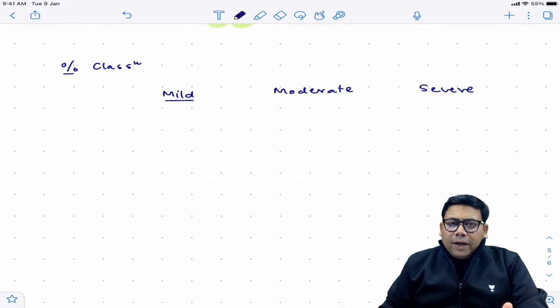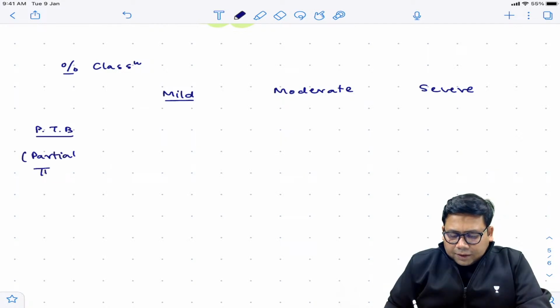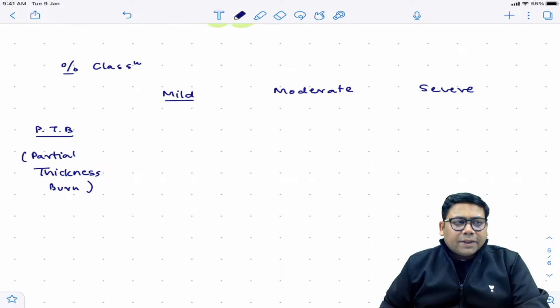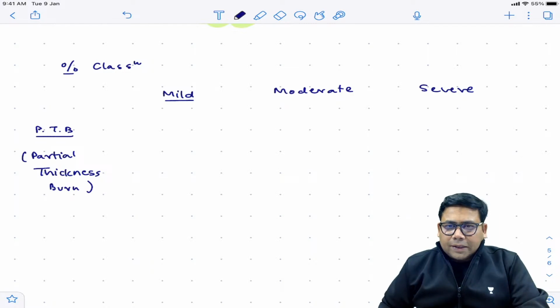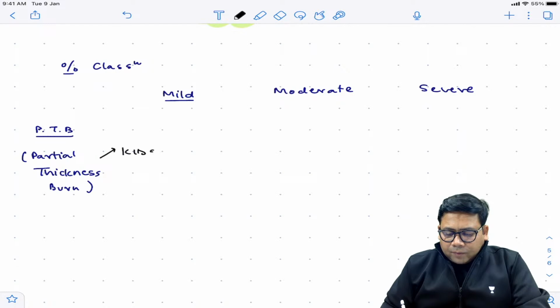When you talk about mild, moderate, severe, how do we define them? We define it in terms of PTB, that is partial thickness burn, and then we have full thickness burn. Partial thickness burn for kids is different, and for adults it is different.